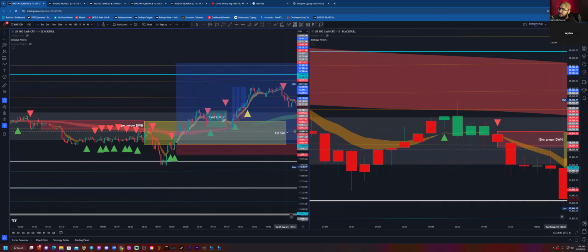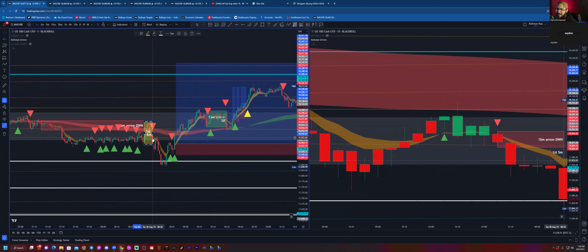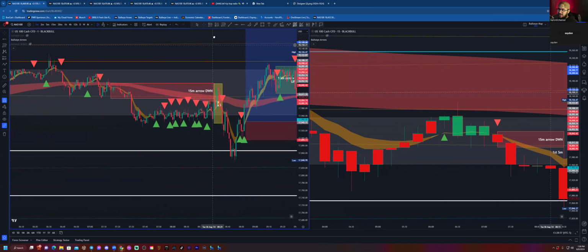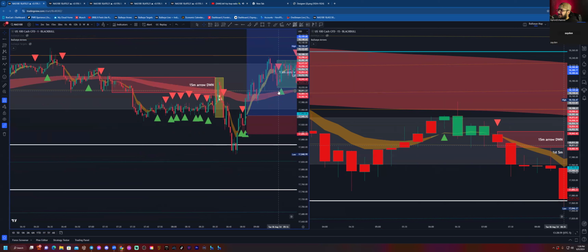All right. So we watch 8:30 print. Okay. And here's what's significant about taking this buy, because we have this first white line, which is part of our daily high and low.